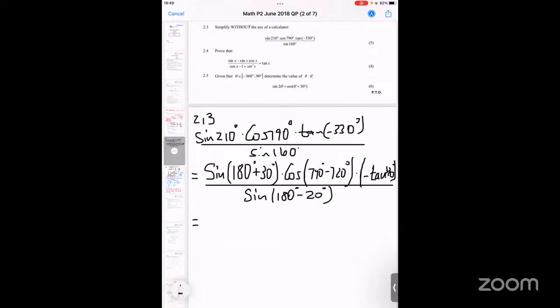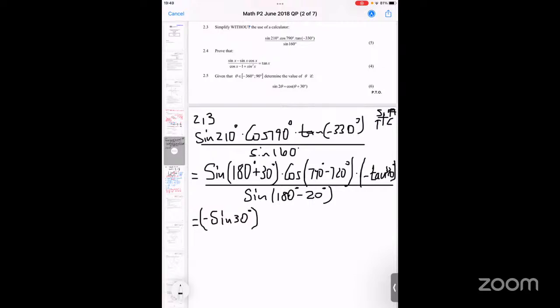Once we simplify, we check which quadrant these values fall under. Sine of 180 plus 30 falls in the third quadrant, and sine is negative in the third quadrant. Therefore it's going to be negative sine 30, so please put a negative in front, inside the brackets.